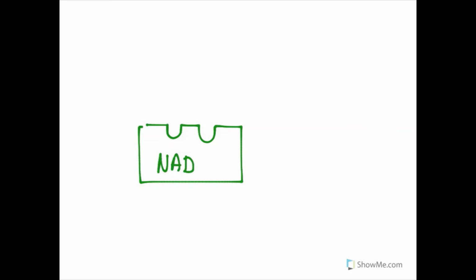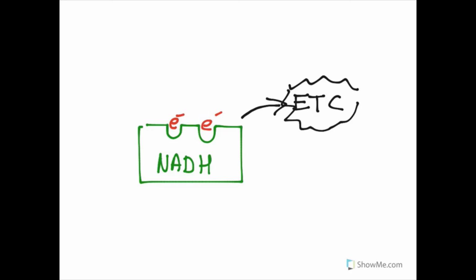Now, we do know that these electron carriers, such as NADH, are carrying electrons with them. And we know that they're there, so where do these electrons go? These electrons that this molecule picks up ultimately go to our next video, the electron transport chain, to be utilized.